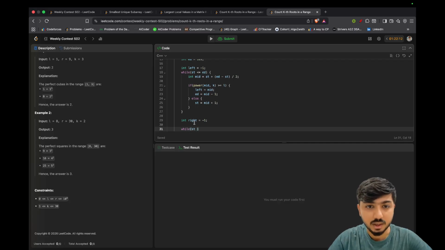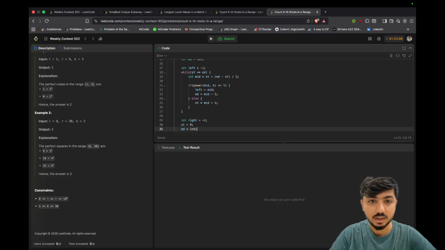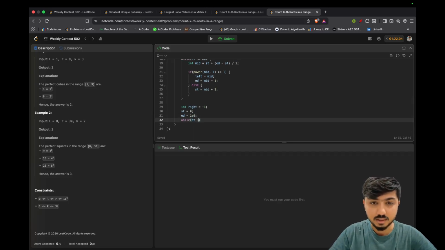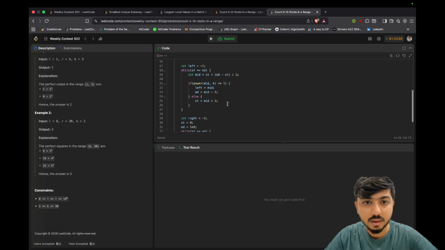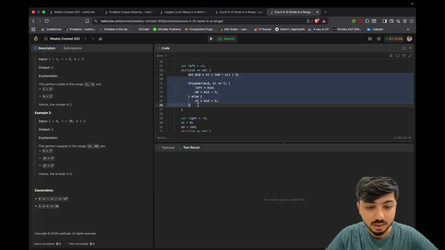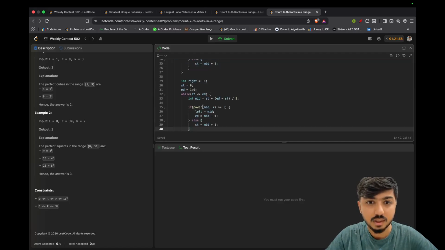While again start is 0 and end is equal to 1e9, while start is less than equal to end, copy this such things, right?